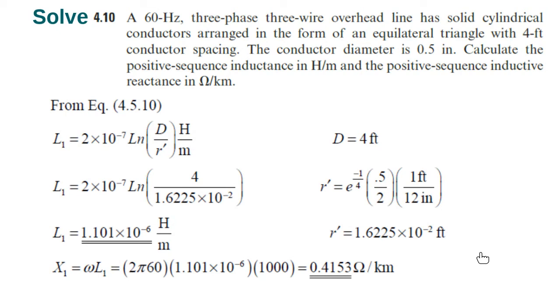But the resistance or the inductance, they give per mile or per kilometer. Instead of having this Henry per meter 10 to the power of negative 6, we make it into kilometers, so multiply by 1,000 and we get 0.415. It's okay, no problem.